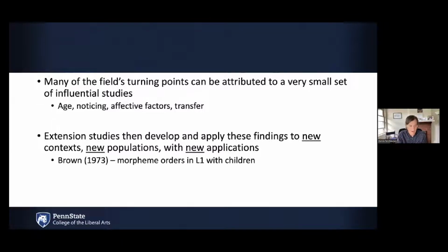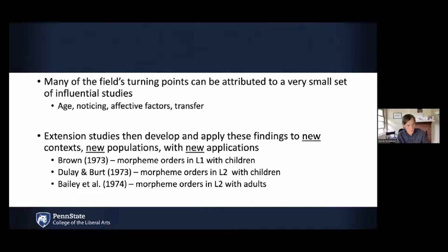And so we've seen that, right? So Brown started morpheme orders in first language with children, okay? Dulay and Burt in 73 looked at morpheme orders in L2, but with children, right? You can see how this is an extension moving from L1 to L2. Bailey et al., morpheme orders in L2, but with adults, right?